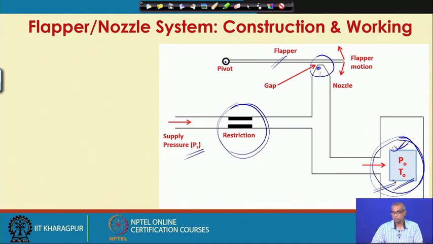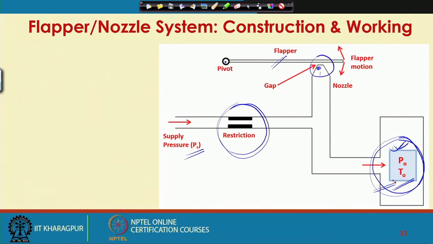Now, imagine that there is a moving object whose displacement I have to measure. I attach that object with this flapper.